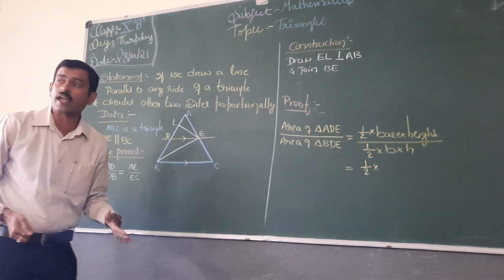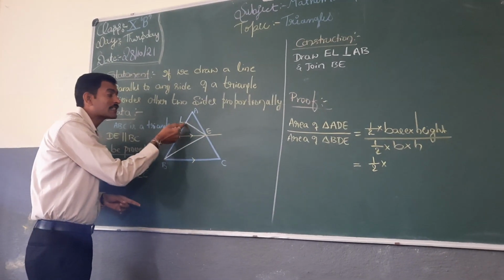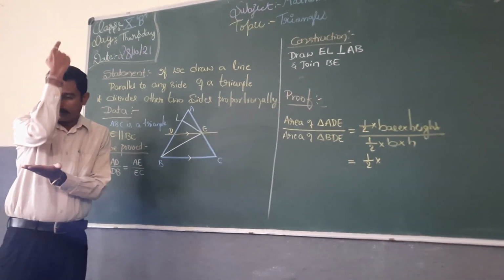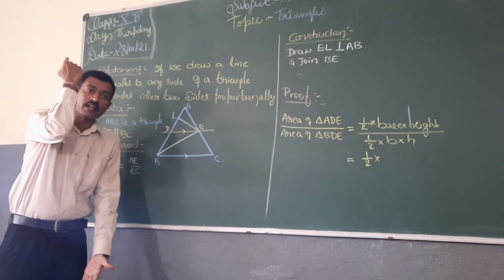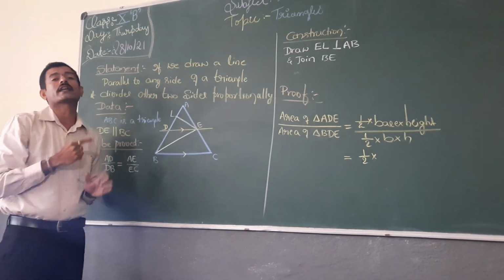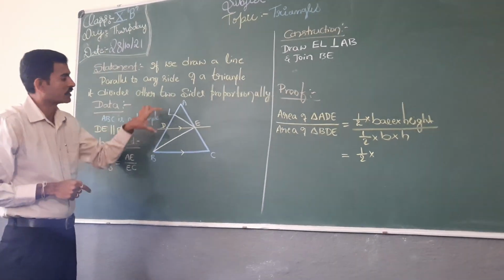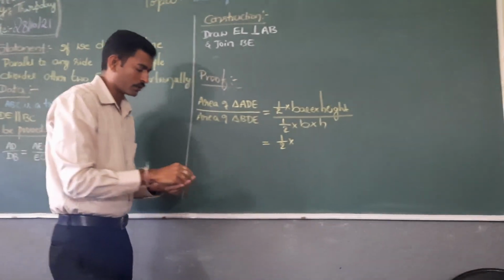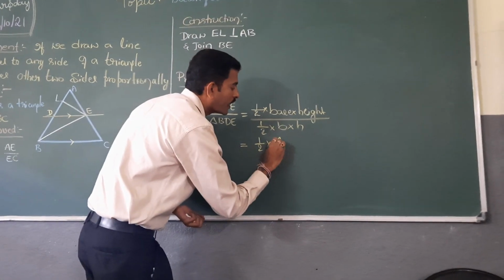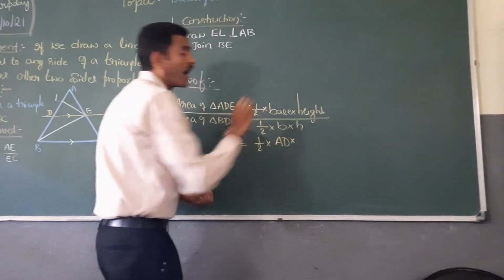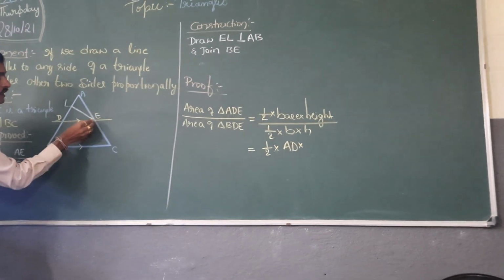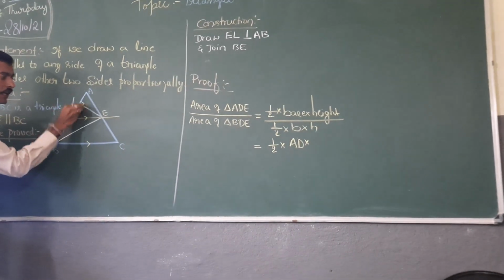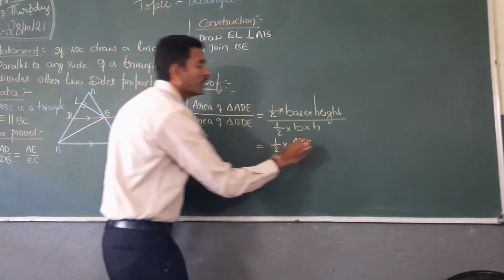But here you take AD, because EL is the perpendicular line standing on the AD side. So it is good to take AD as the base. What is the height? EL is the height because it makes 90 degrees. That is EL.